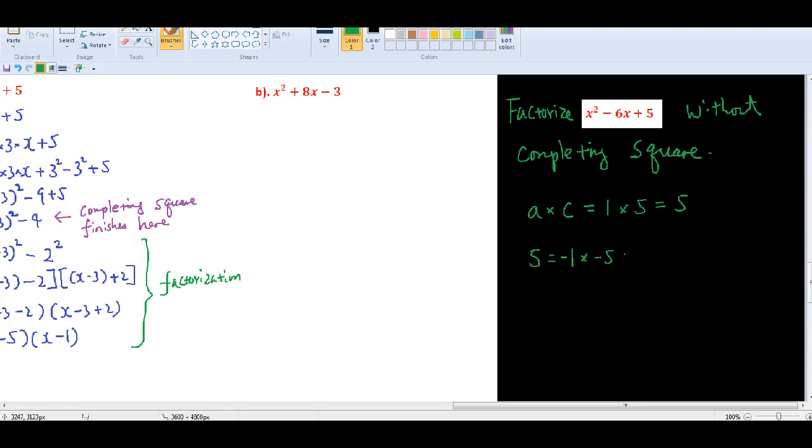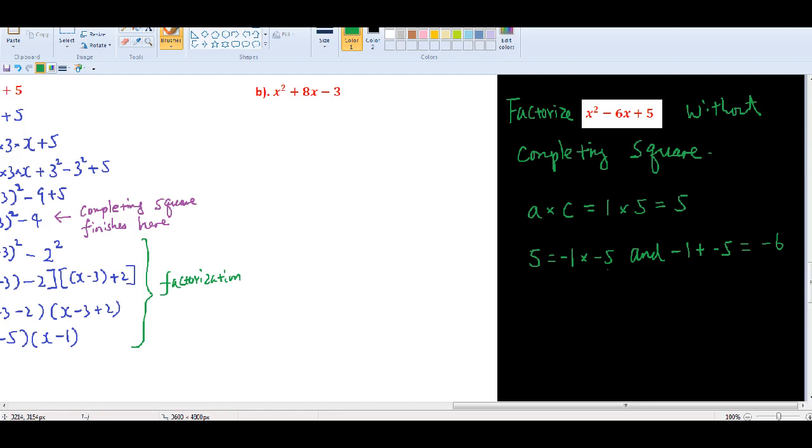Both of them are negative. You need to check whether minus 1 plus minus 5 equals minus 6, and of course they're equal. So you see the product of minus 1 and minus 5 equals the last term, and the sum of the two numbers equals the middle number.